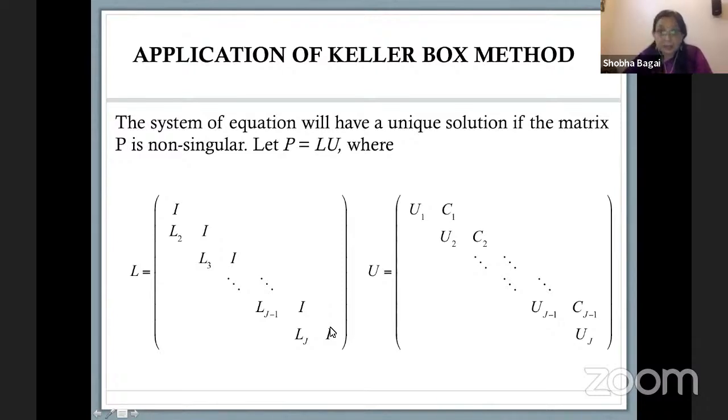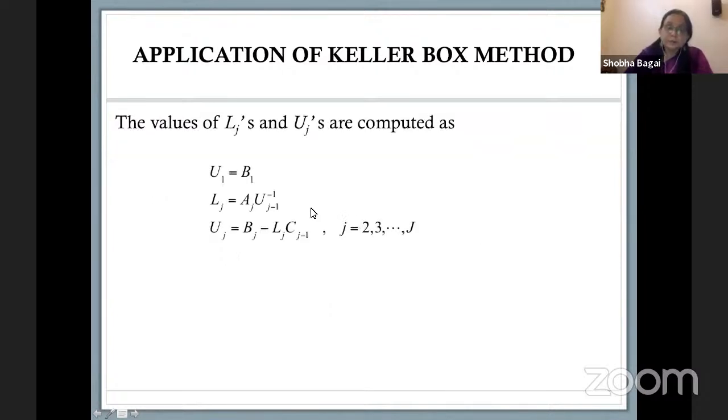So these again, identity matrix for this particular example will be of the order of 5 cross 5, and then you have it as the upper triangular matrix. Since it's a tridiagonal system, naturally L is only going to have these two diagonal elements, and U is going to have these two diagonal elements. Rest of all the elements will be 0.